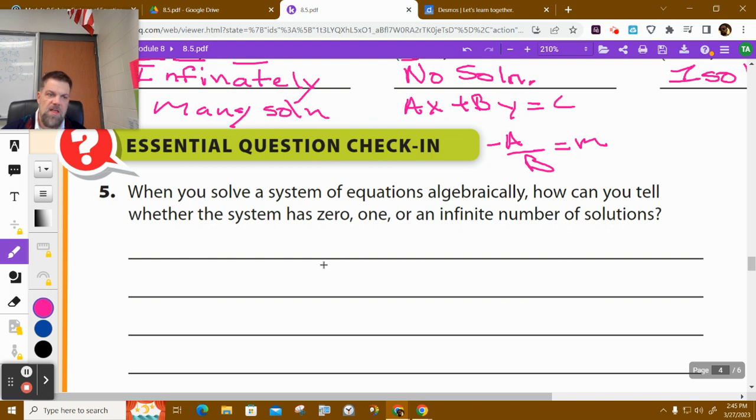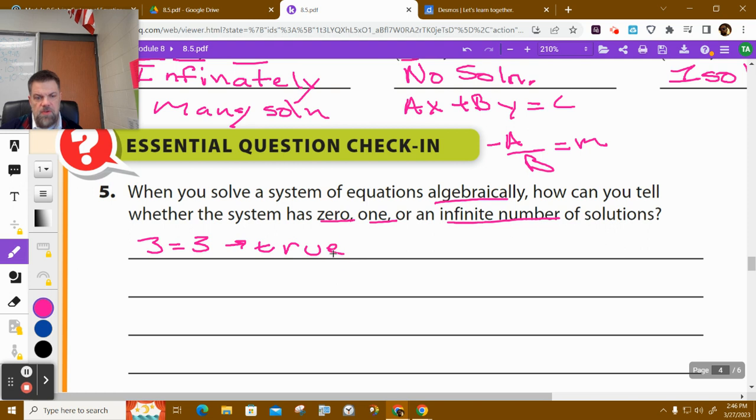Okay. So it says, when you solve a system of equations algebraically, how can you tell what the system has: 0, 1, or infinitely many solutions? Well, we wrote it in a general form, but let me explain. If I have 3 equals 3, that is a true statement.